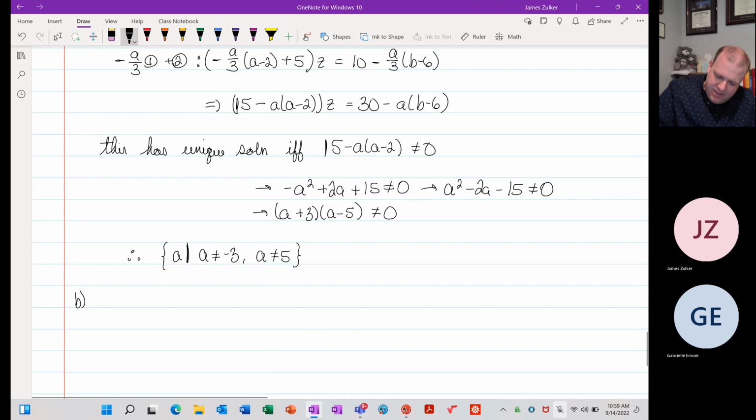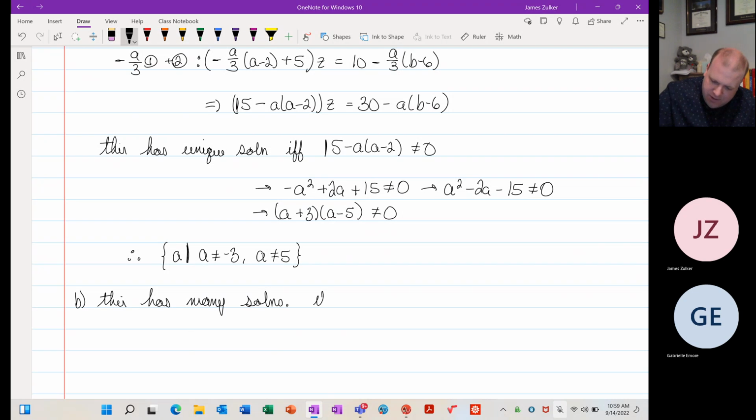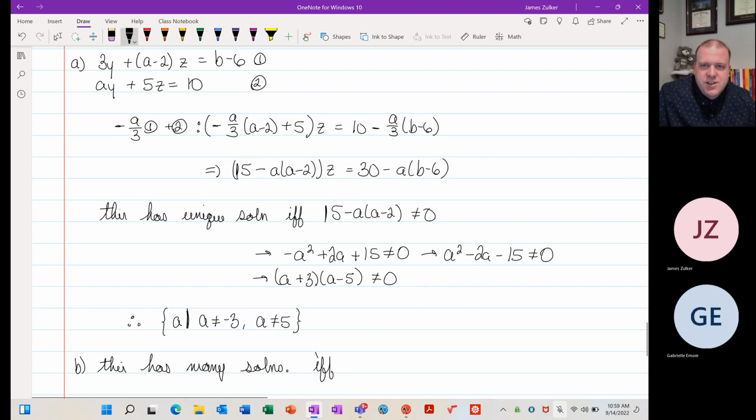All right, part B. This has many solutions if and only if both sides are 0.